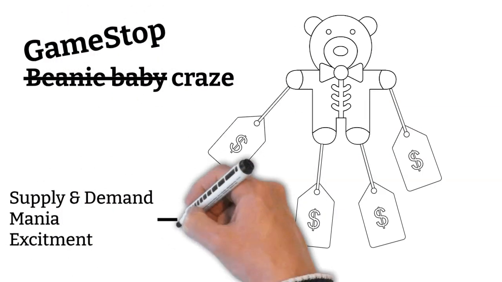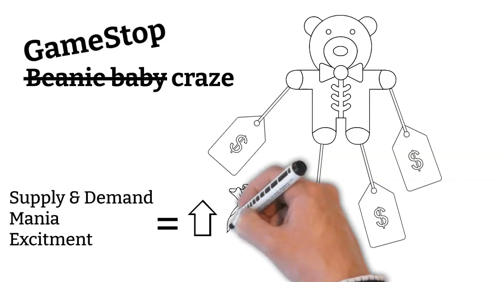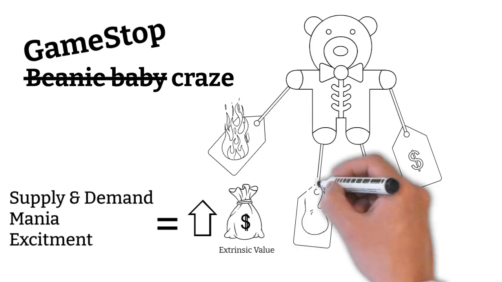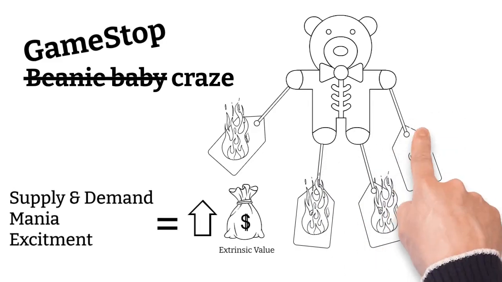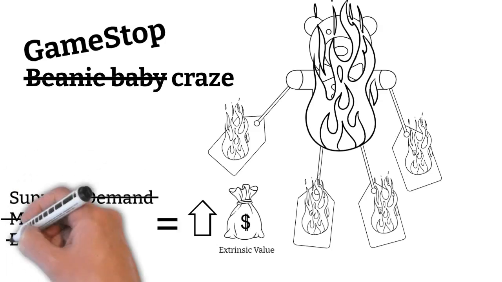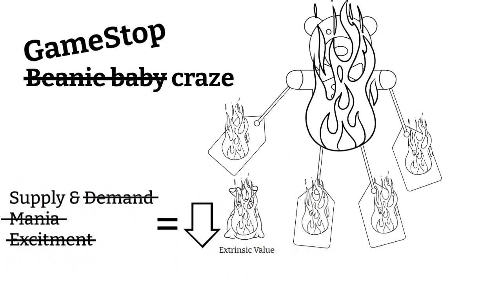And just due to supply and demand, the value of the Beanie Babies went up through the roof. But then what happened? Eventually, people lost interest, and the made-up value for the Beanie Babies, or you can even call it the extrinsic value of the Beanie Babies, it plummeted, and suddenly they were basically worth nothing again, or they were worth what they were originally sold for.